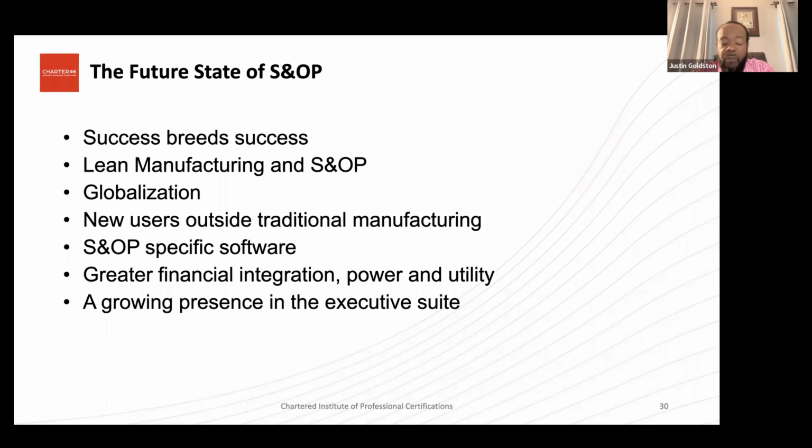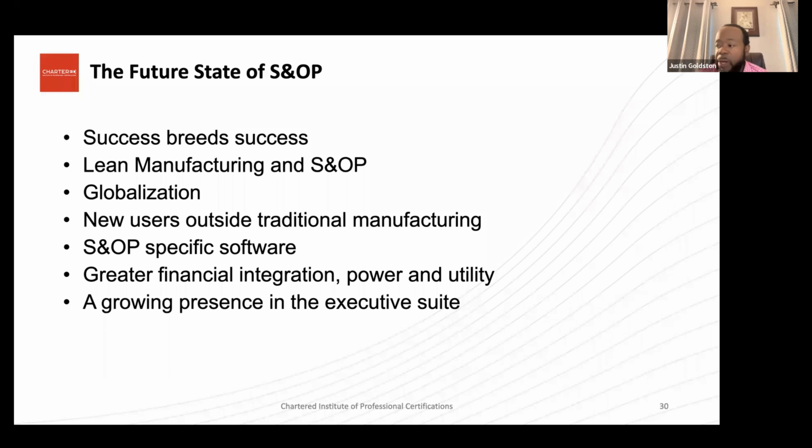It goes from an industry to industry perspective. And for those industries that continue to adopt lean manufacturing, you're going to see S&OP integrated with that. Globalization is going to be a very important thing. We've seen that with the pandemic, in that these disruptions are going to be one thing to consider as we move forward to the future.